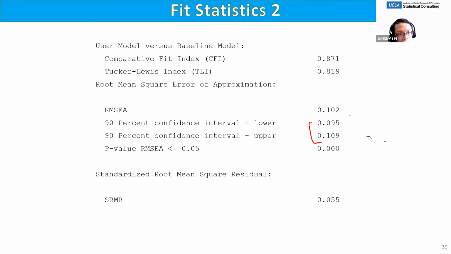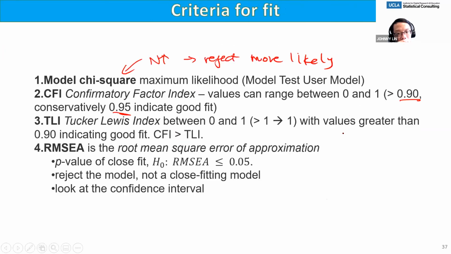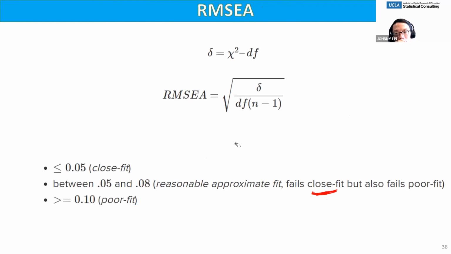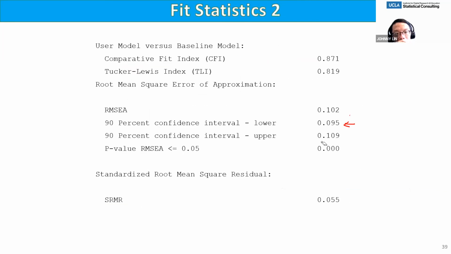But here, let's look at the lower. The lower barely doesn't even satisfy 0.08, which is our requirement there. And then the upper is pretty much equal to 0.10. You see that? So that's not really good. And the p-value is you reject the close fit hypothesis. So that's not good.